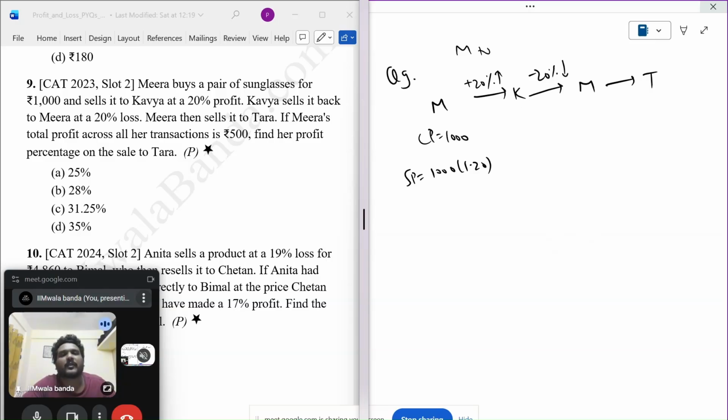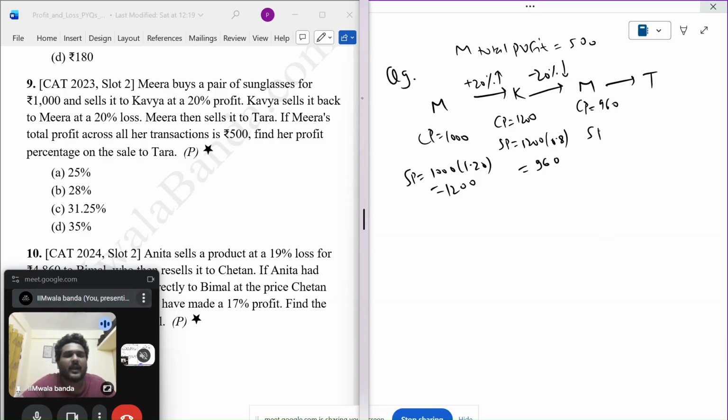Meera's total profit is given, 500. Okay. So 1,000 rupees and she sold it for 1,200 rupees, which will be the cost price for Kavya. And she's selling at a loss of 20%, 0.8, 960 rupees, which is now what Meera bought it at.